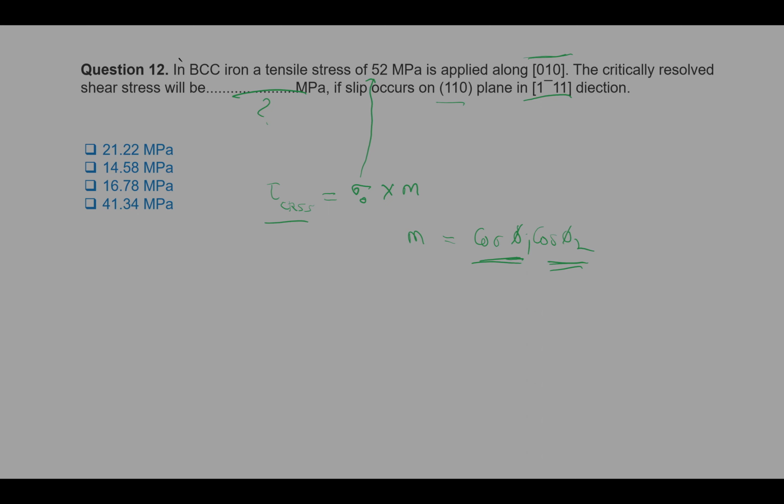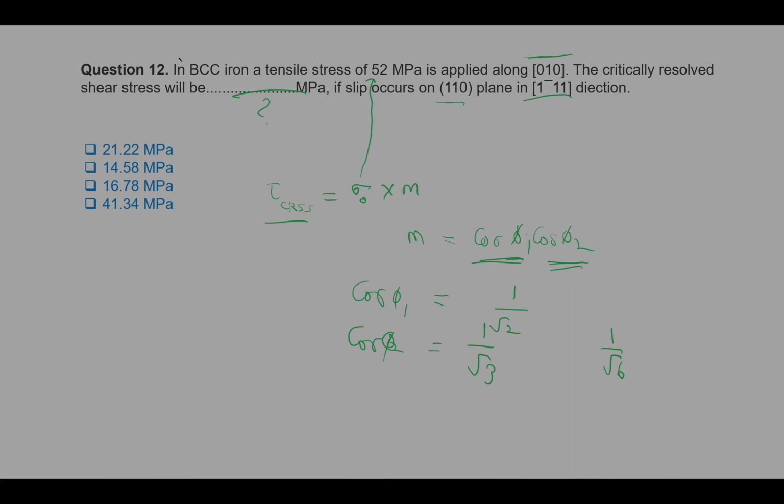So cos phi 1 will be 1 by root 2, and cos phi 2 will be 1 by root 3, and the multiplication of this is 1 by root 6.